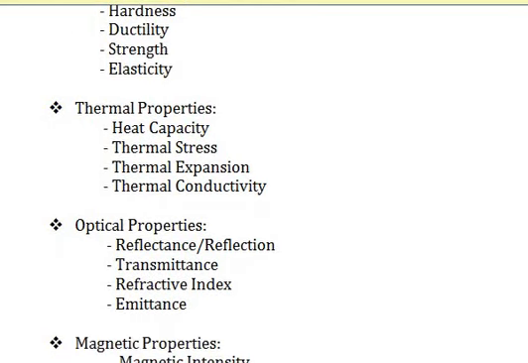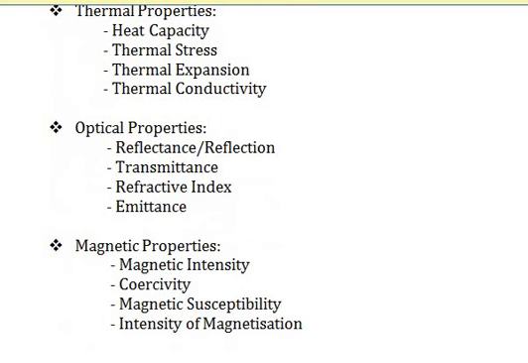Finally, we have the magnetic properties, and they include the magnetic intensity, the coercivity, the magnetic susceptibility, and of course the intensity of magnetization. It'll be a good idea if you can check up or make further research on all these terms, as this is just an overview of all these properties.